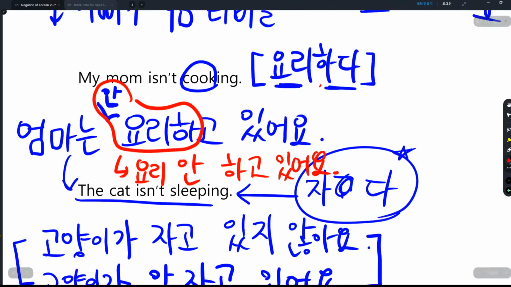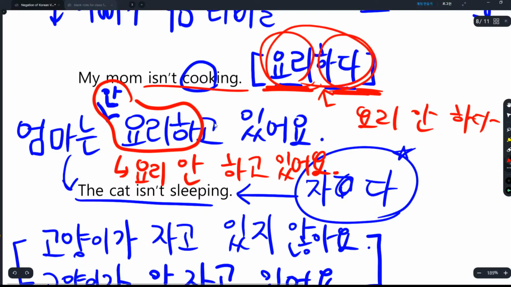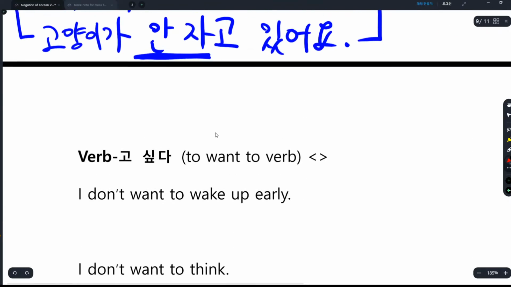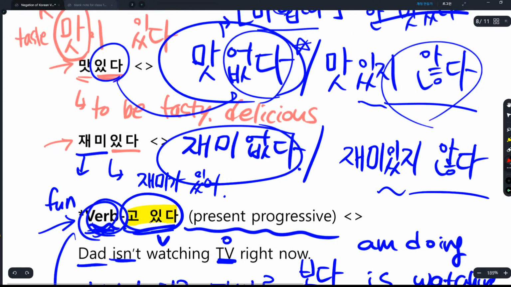Because just like we learned, 요리하다 is a verb that is a combination of noun plus 하다 verb. And when you want to negate such verbs, you have to first separate the noun and 하다. So you have to put 안 between 요리 and 하다. So 엄마는 요리 안 하고 있어요. My mom isn't cooking. Right. So that's how you can negate 고 있다.